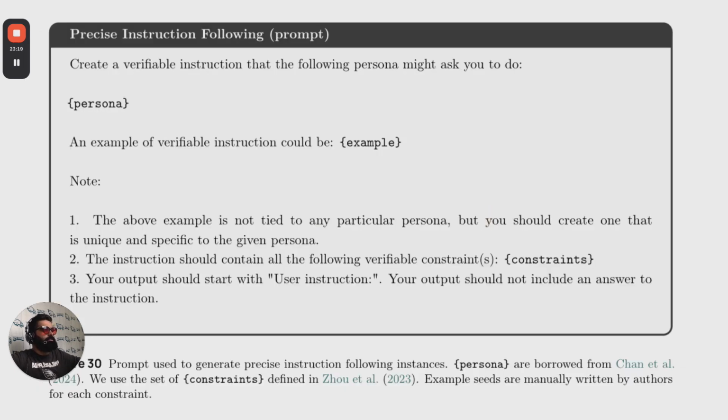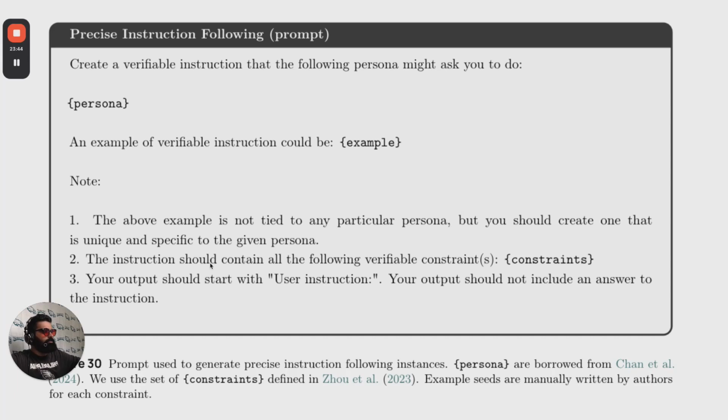So this is the instruction they use for synthetically generating instruction following prompts. They tell GPT-4o to create a verifiable instruction that the following persona might ask you to do, and then they give it the persona. An example of a verifiable instruction could be, and they have one of their 33 seed prompts. And then in their notes, the second one is of interest.